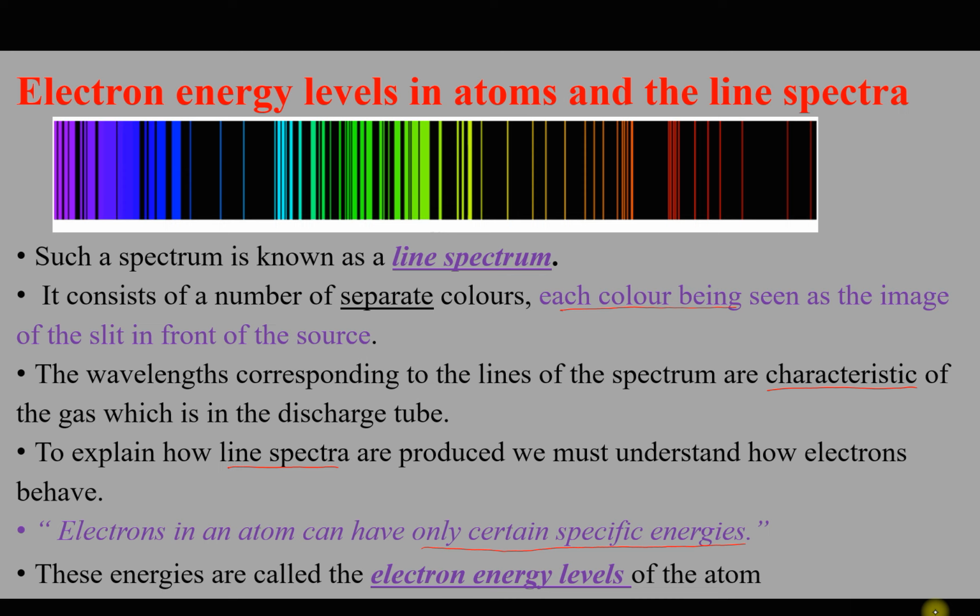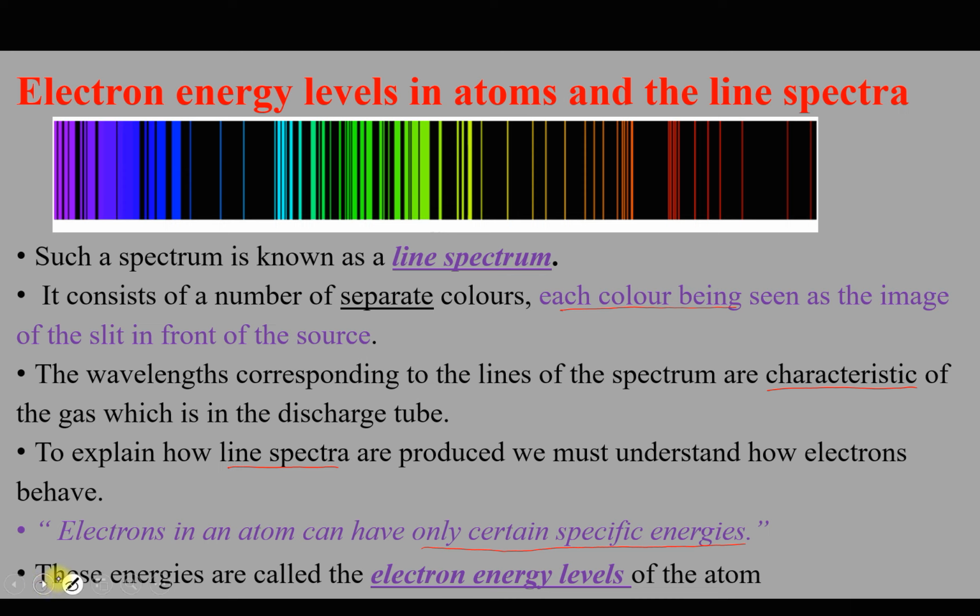The line spectra can be explained by the behavior of the electrons. According to Bohr, if electrons occupy only certain allowed orbits, and while in those orbits they do not emit energy, then it makes sense to agree that electrons in an atom can only have certain specific energies. These energies of electrons are what we call the electron energy levels of the atom.